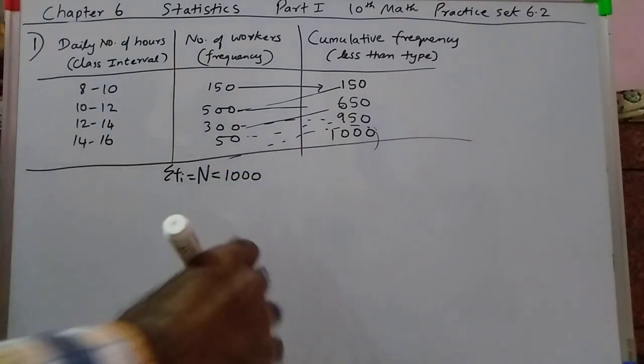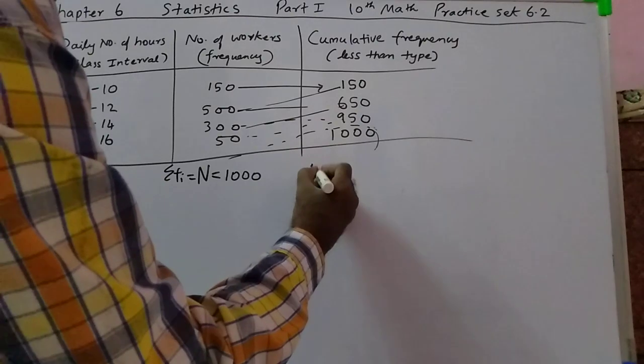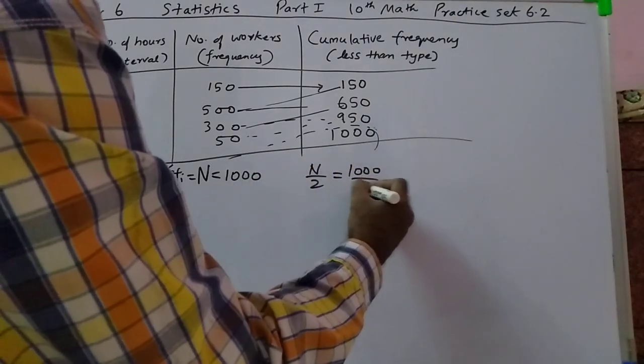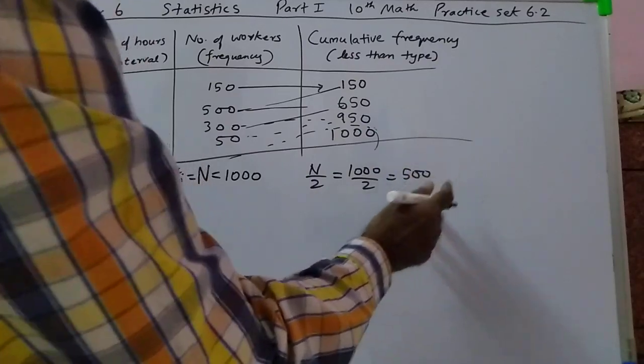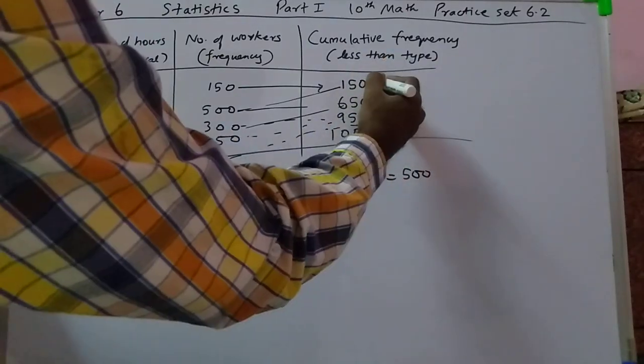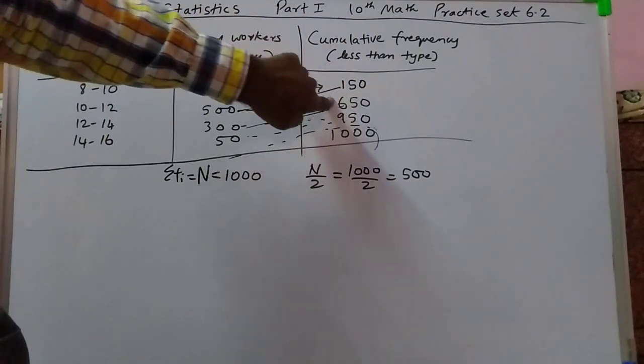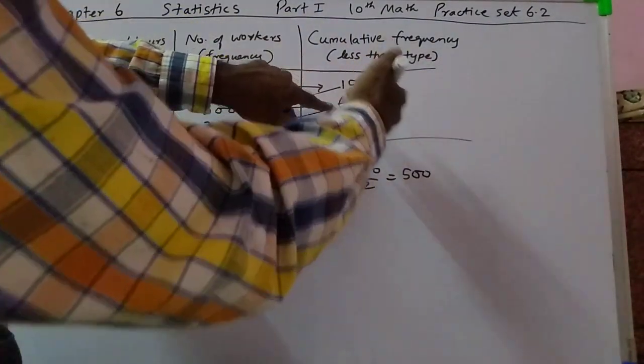Okay, now let's calculate n by 2. N by 2 is equal to 1000 divided by 2, that is 500. In which place is it coming? It is not coming here. It is not coming here. It is coming here. 500 is fitting here.